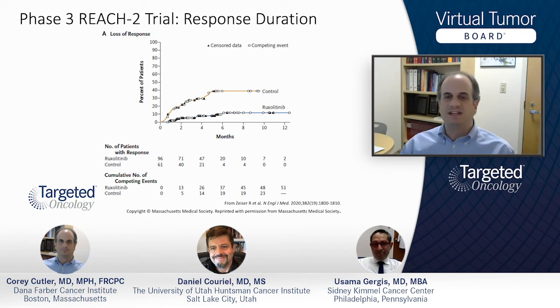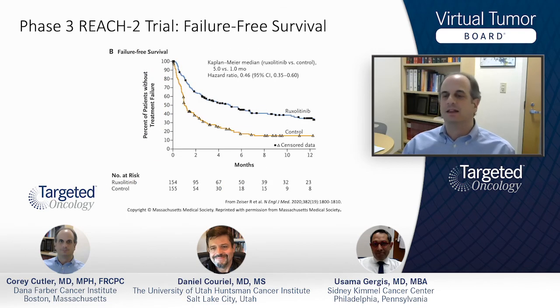Beyond day 56, the rate of losing response towards 6 months was also much lower. It was only 10% in the Ruxolitinib arm. So this, in fact, was more supporting evidence. And finally, the Kaplan curves here show failure-free survival with a very nice, clean increase in the Ruxolitinib arm compared to the control.